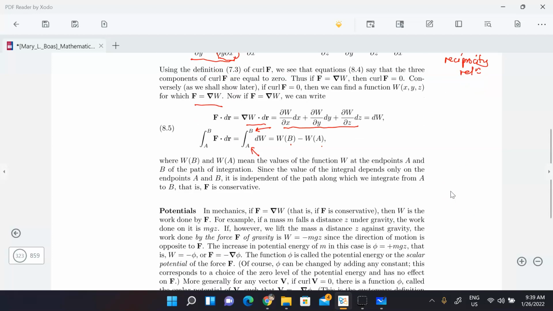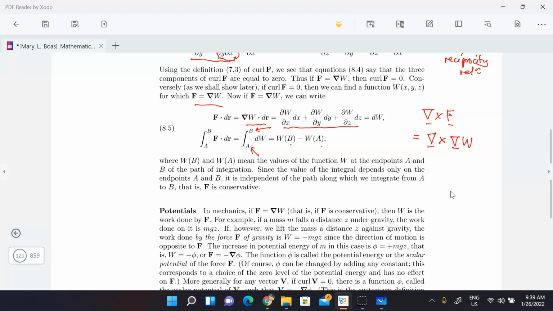Yeah. How to essentially check whether your force is conservative or not? Well, one of the things that we know is this vector identity. If you take curl of f, what does that correspond to in this particular case is curl of gradient of w.